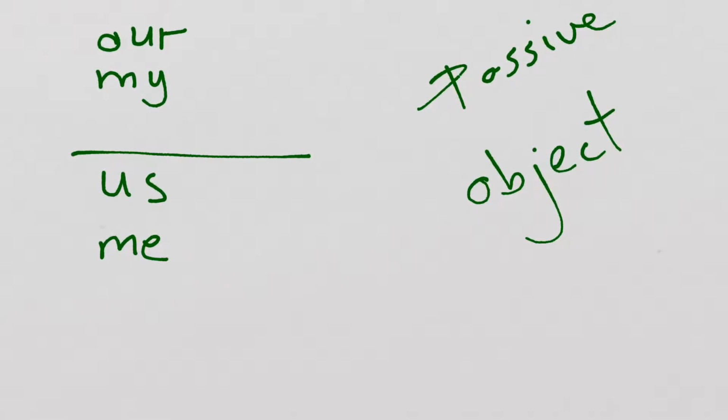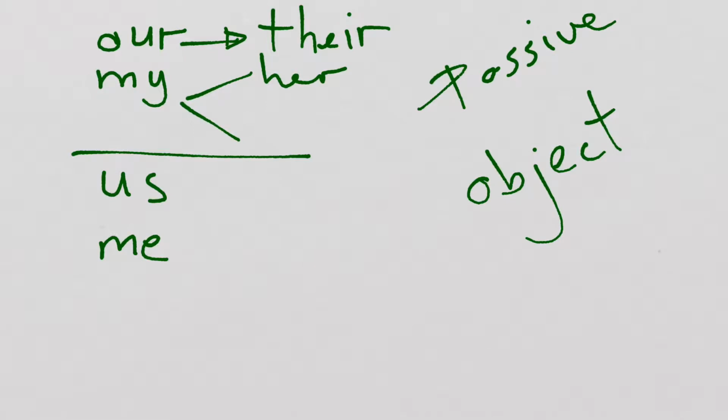You change the subject pronouns, you change the possessive pronouns, and then you change the object pronouns. If you have our, you have to change it into their. If you have my, if the speaker is she, you have to change it into her. If the speaker is he, you have to change it into his. The same you should do with the object pronouns.